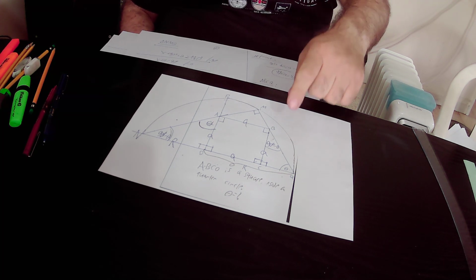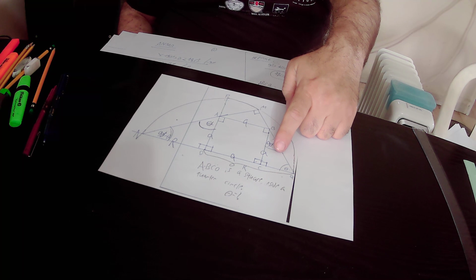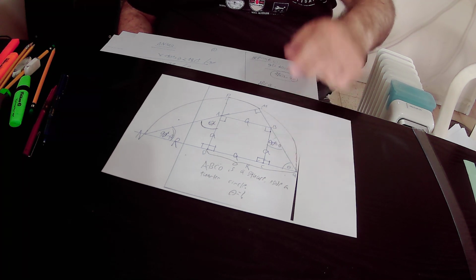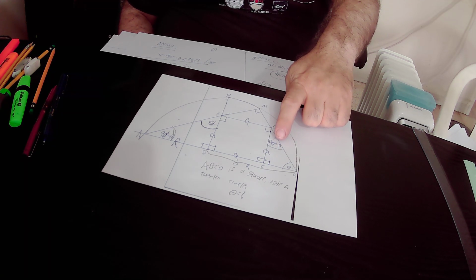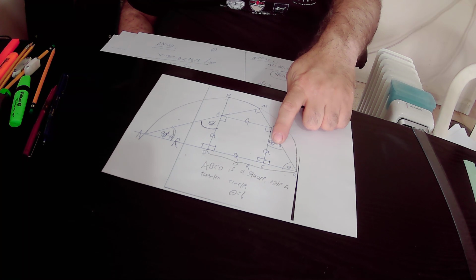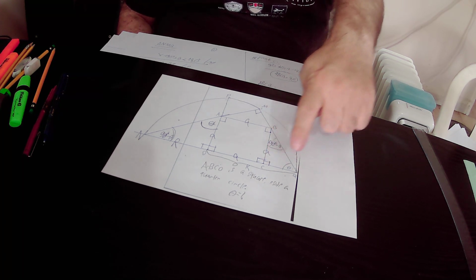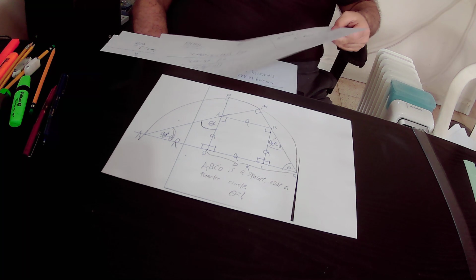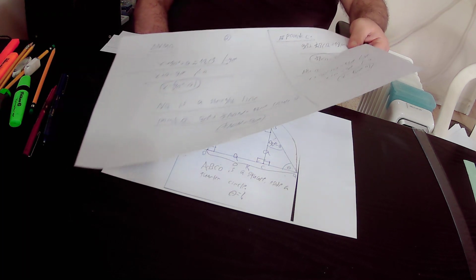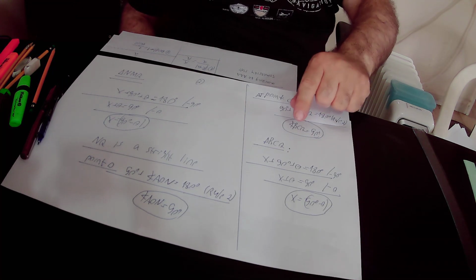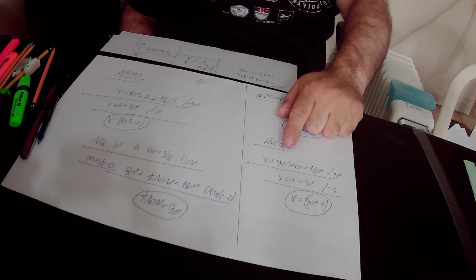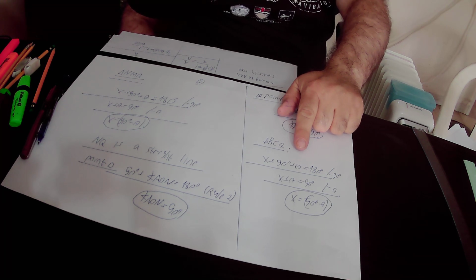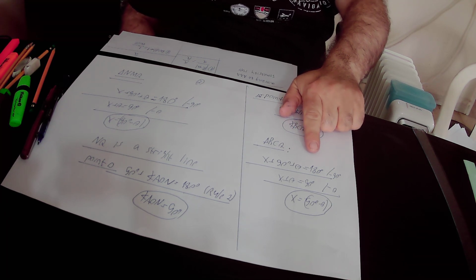Okay, so we continue to focus on the right triangle, triangle BCQ. In this right triangle, the sum of the angles must be equal to 180 degrees. So the missing angle that we will define as angle X, plus 90 degrees, plus theta, in total must be equal to 180 degrees, according to the rule that the sum of the angles in any triangle is equal to 180 degrees.